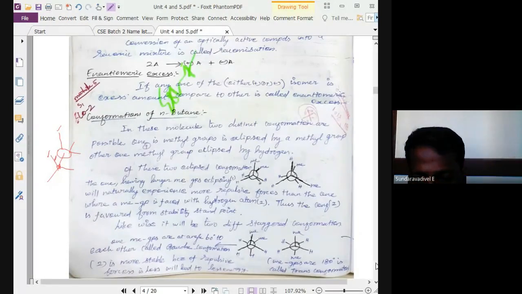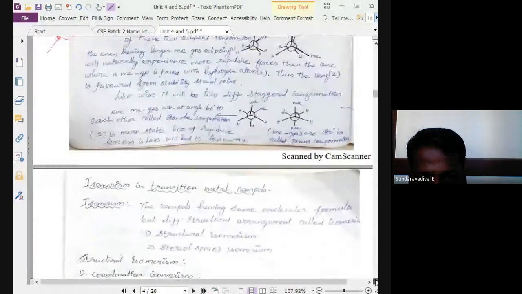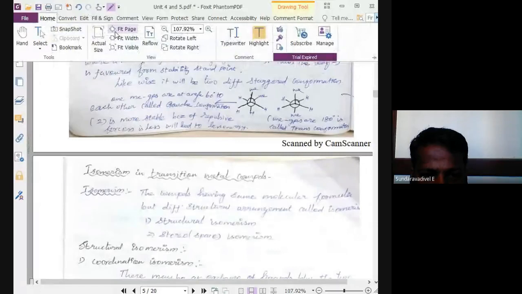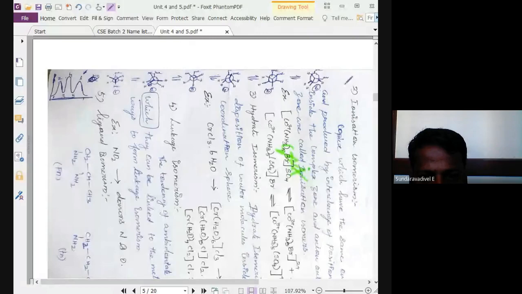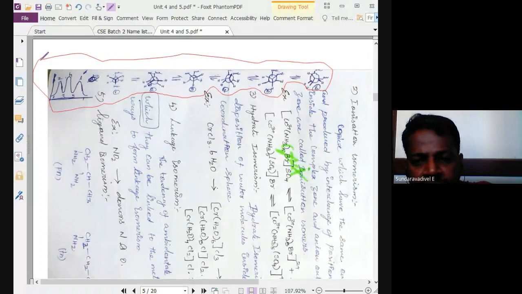Okay, so I can show you the diagram. Wait a minute. So are you looking? Which one I put the red color circle?